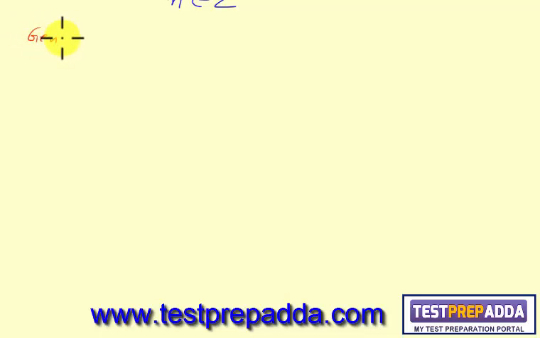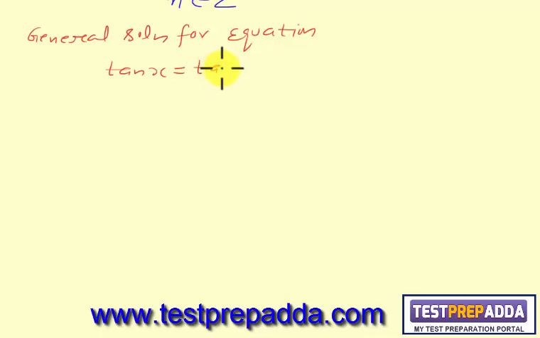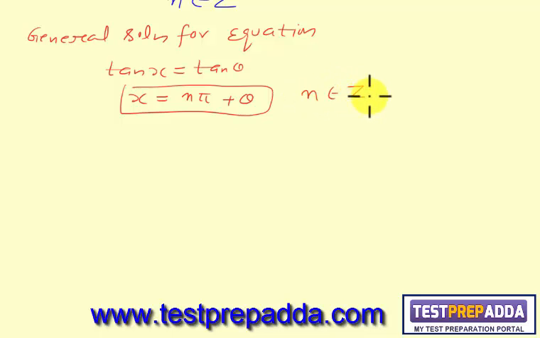So general solution for equation tan x is equal to tan theta will be x is equal to n pi plus theta, where n belongs to integers and theta will be taken from minus pi by 2 to pi by 2 open interval.